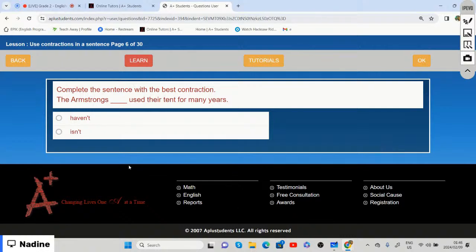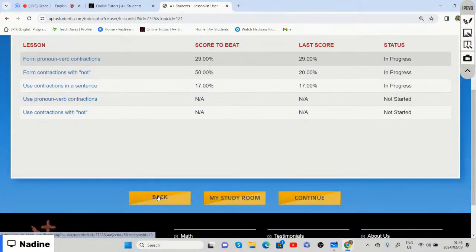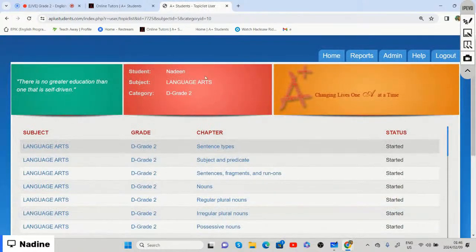All right. So that is basically our contractions, right? We can create contractions from two words, and then we shorten those two words by forming one word.